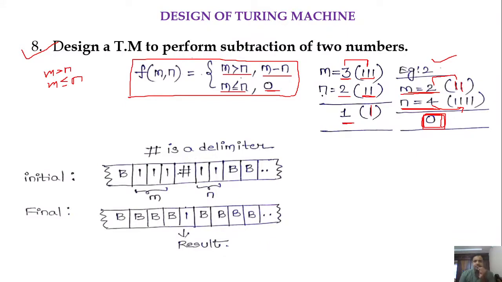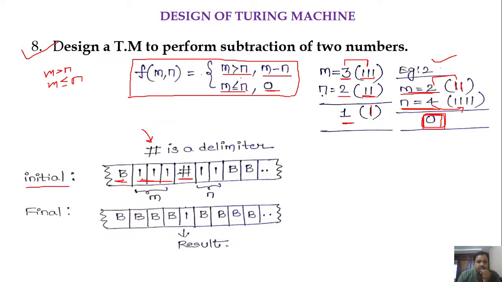Okay, so how do we implement the Turing machine for this particular type of problem? Let me take an input tape here. If you observe, I have taken the input tape which is having blank followed by input m. Okay, and then a delimiter. The reason we use the delimiter here is that it is used for separating the inputs, right?